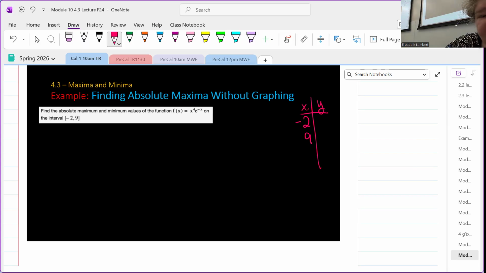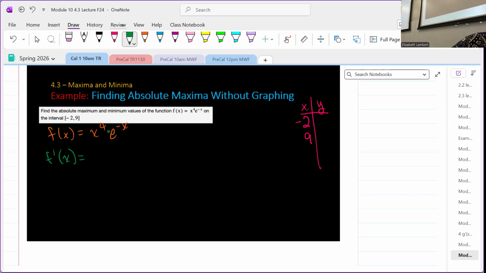Now we're going to find other critical values. So we're going to take our function and take the derivative of it. x to the fourth times e to the negative x is a product rule.